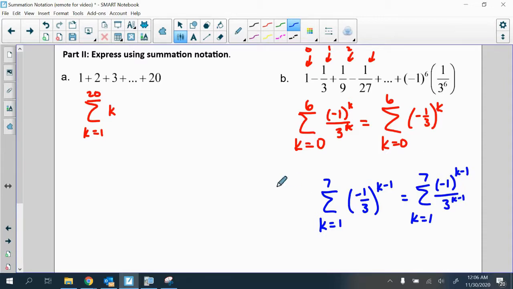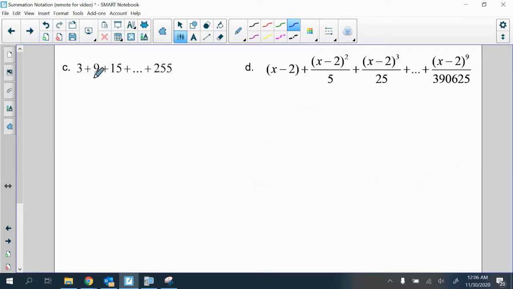Yeah, this would actually do the exact same thing as what I wrote in red. It's usually easier to avoid doing a lot of k minus 1 and stuff, but it's okay. Either one would be fine.